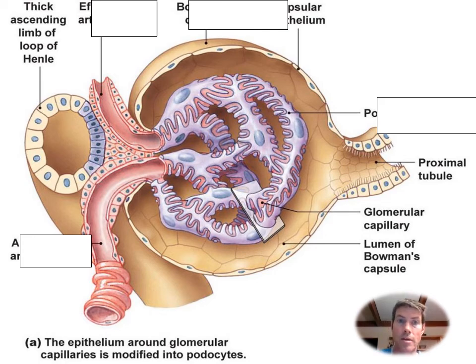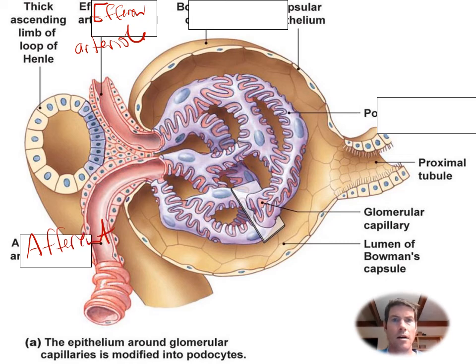So this is where the blood comes in, the efferent. Right. Arterial, where it comes in and then filters out through the afferent. Actually, that's the opposite.